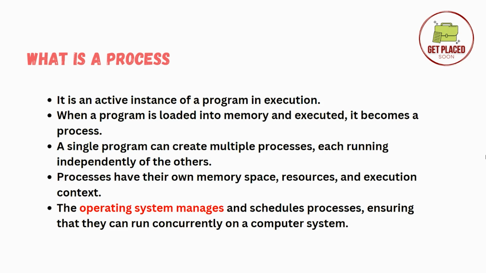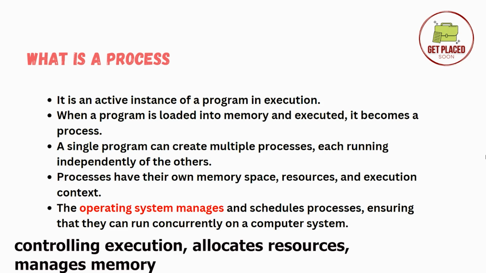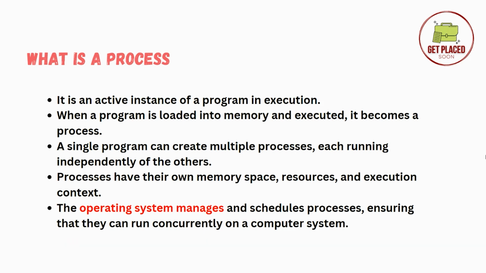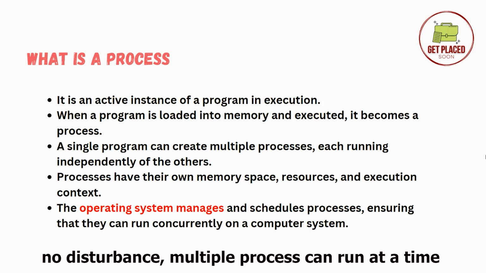Moving ahead, the operating system manages and schedules processes, ensuring they can run concurrently on a computer system. So as you can see, the OS is responsible for controlling the execution of processes. It allocates resources, it manages memory, it ensures that processes can run concurrently, which means there is no disturbance.